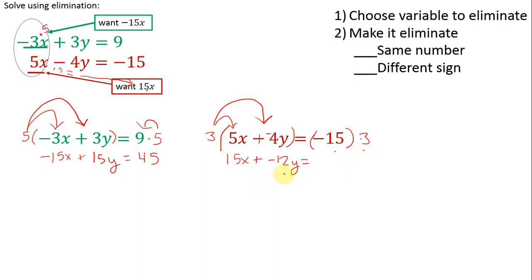And negative 15 times 3 will get me negative 45. Now I'm just going to take my two new equations and put them on top of each other and add.